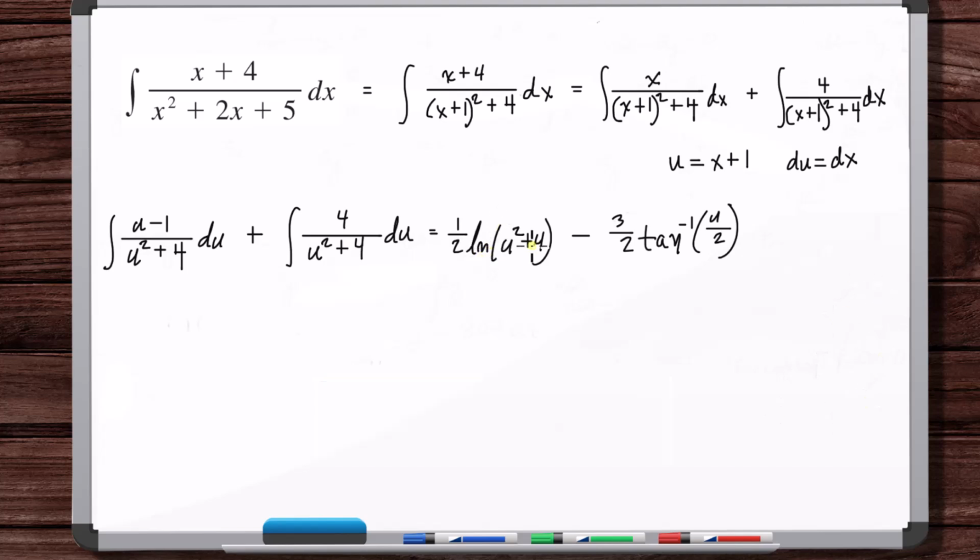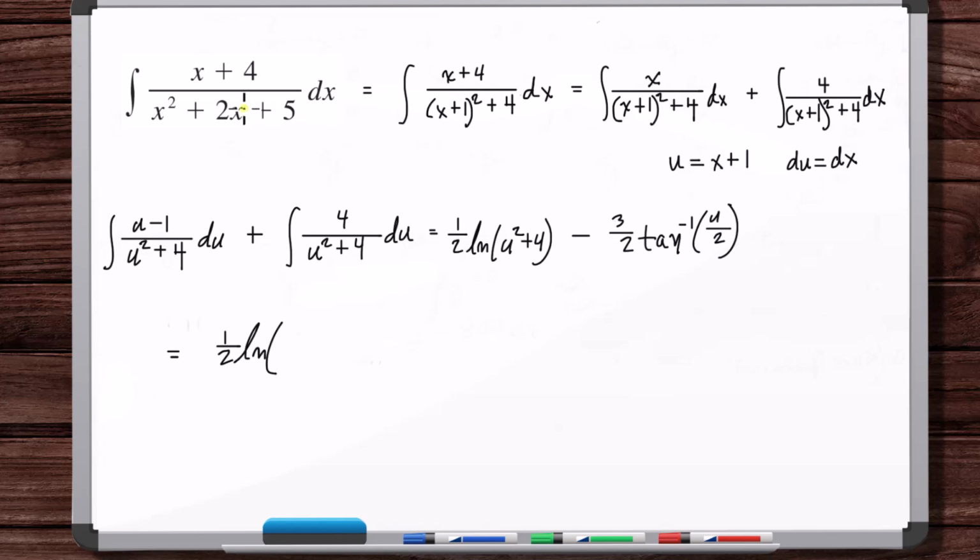Okay, now we just need to substitute this back in. So we've got 1/2 natural log of, now what is this? x plus 1 squared plus 4.